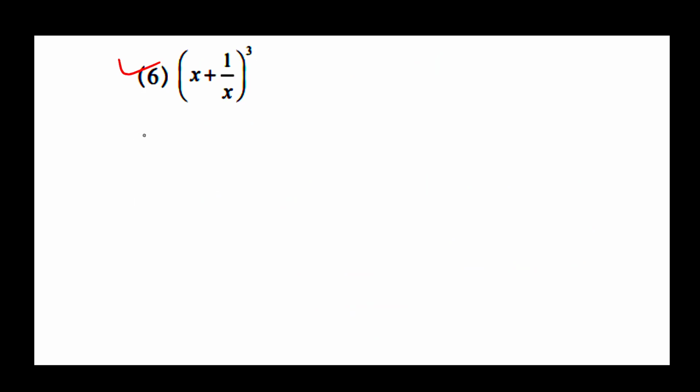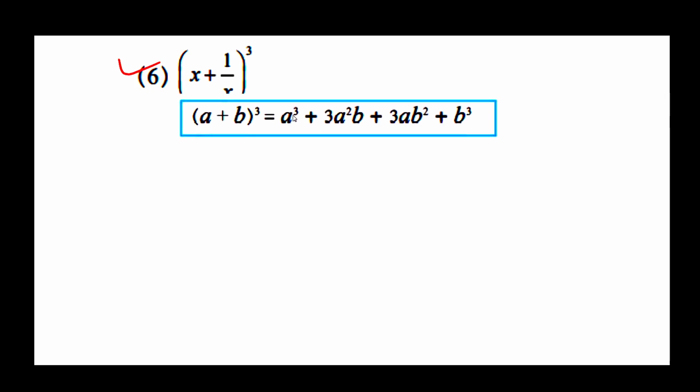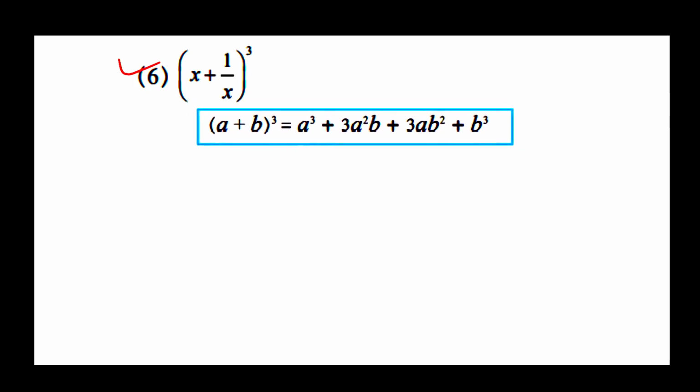Example number 6. (x + 1/x) cube. (a + b) cube = a cube + 3a square b + 3ab square + b cube.